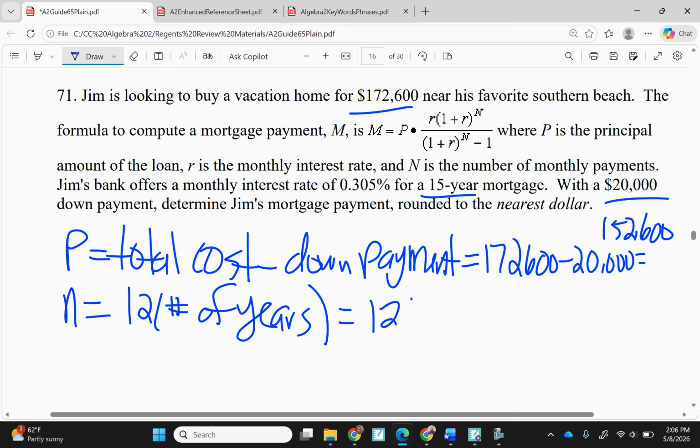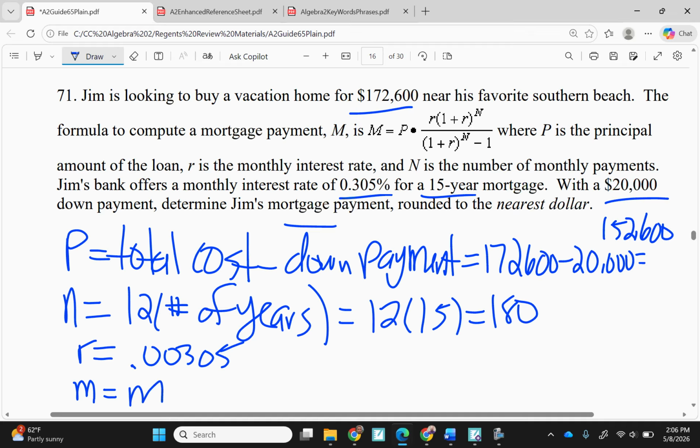R is the monthly interest rate as a decimal, so because it's 0.305%, it's 0.00305. And then finally, M is the mortgage payment, which they're generally asking for. So that's going to stay as M.